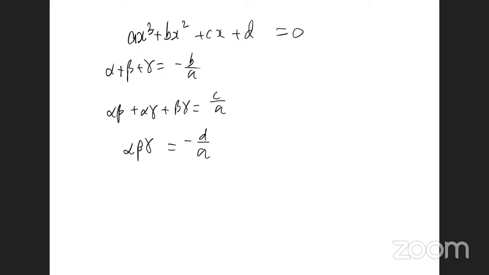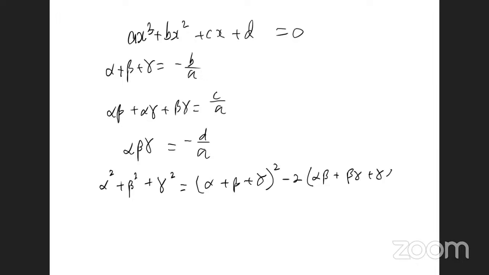Added to this, I wanted to give you two more things, which they give you at the end on your formula sheet. Sometimes they ask you to find alpha squared plus beta squared plus gamma squared. That's alpha plus beta plus gamma all squared minus 2 times (alpha beta plus beta gamma plus gamma alpha).